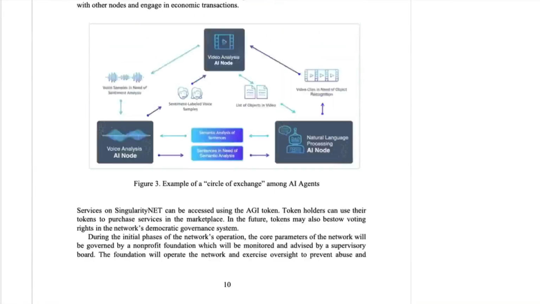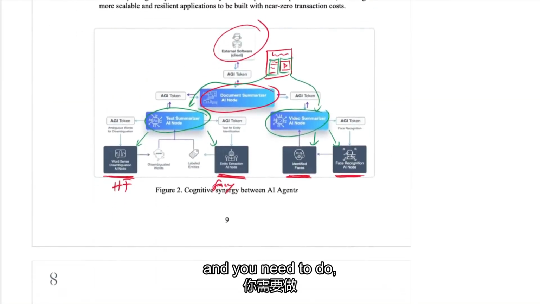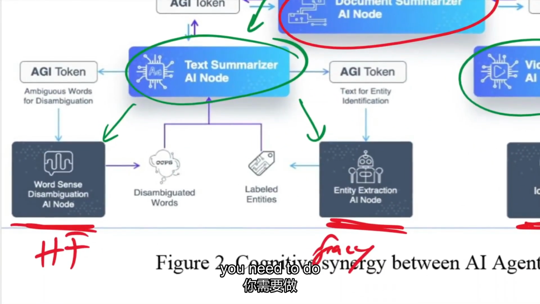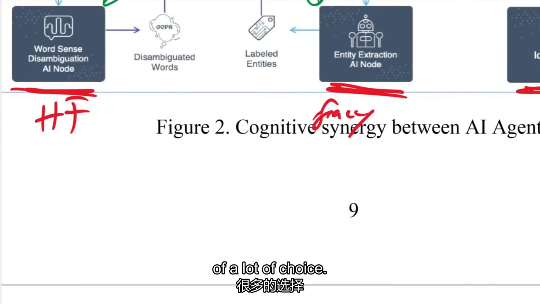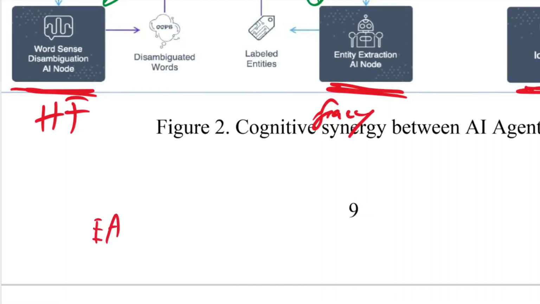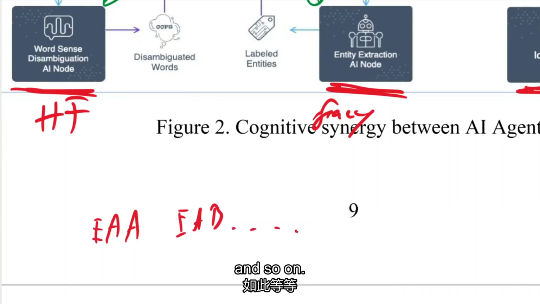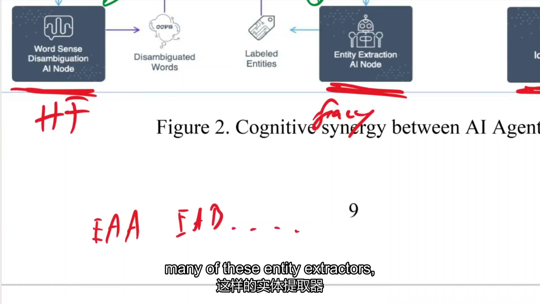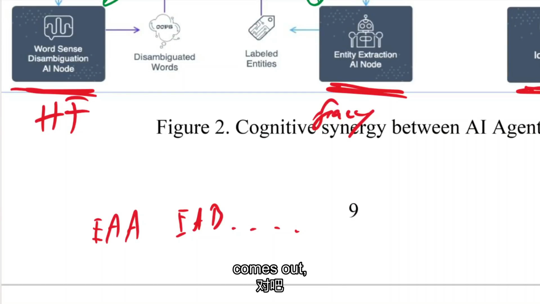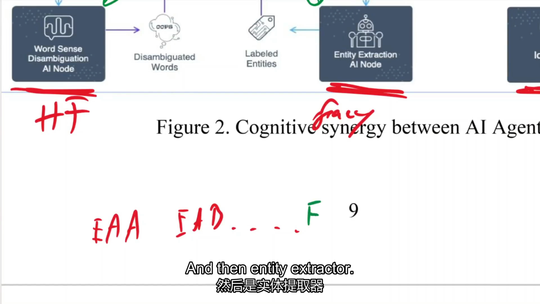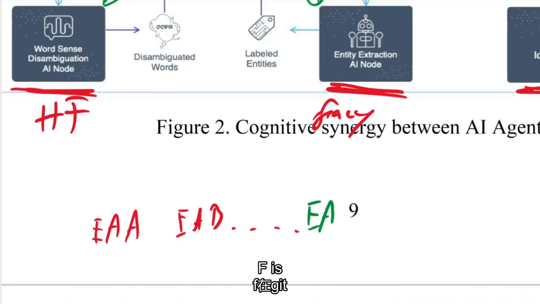So let's go back to that graphic. If you are this text summarizer and you need to do entity extraction, you might have a lot of choice. There might be entity extractor A, entity extractor B, and so on. Then a new paper comes out, and entity extractor F is somewhere on GitHub.